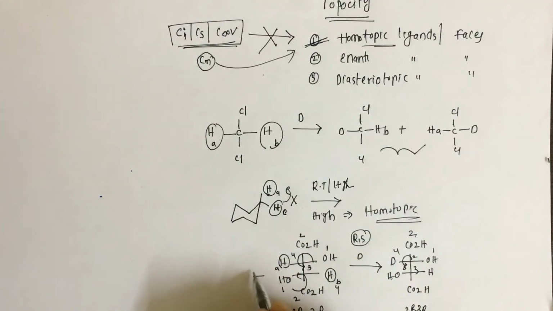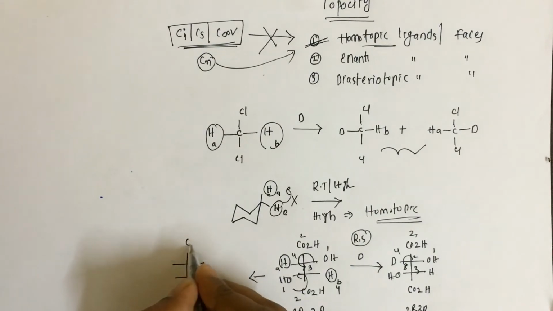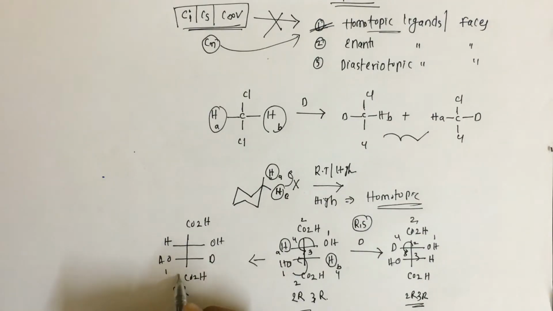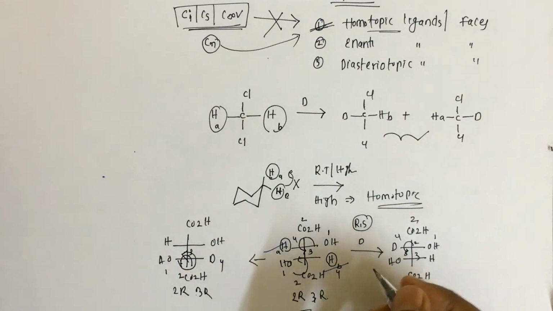Now we talk about Hb. For Hb also, CO2H, OH, OH, OH, deuterium, CO2H. This is 2R, and here 1, 2, 3, 4, and like this this is 3R. So these two hydrogens are homotopic in nature.